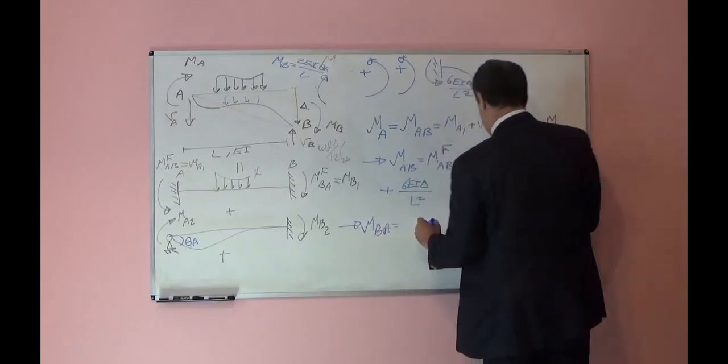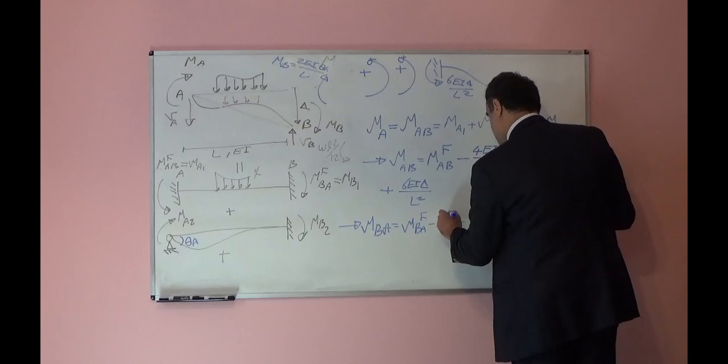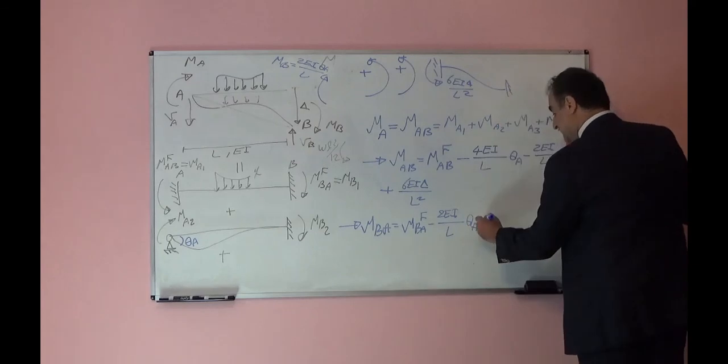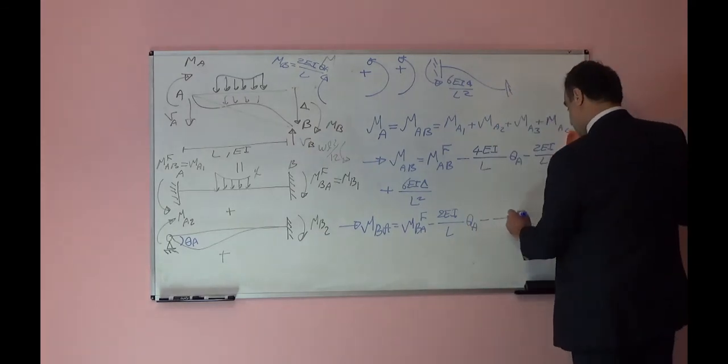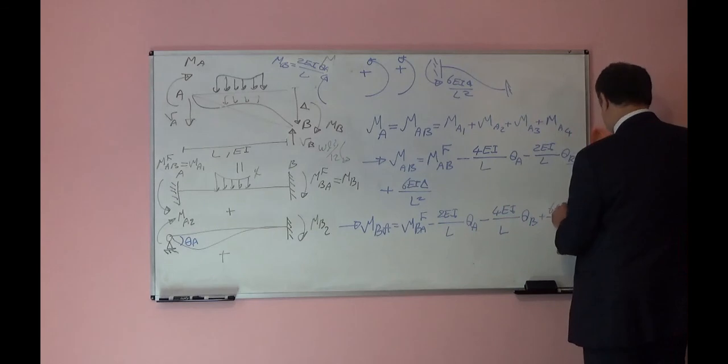MBA, you can write M fixed BA minus 2EI over L theta A minus 4EI over L theta B plus 6EI over L squared delta.